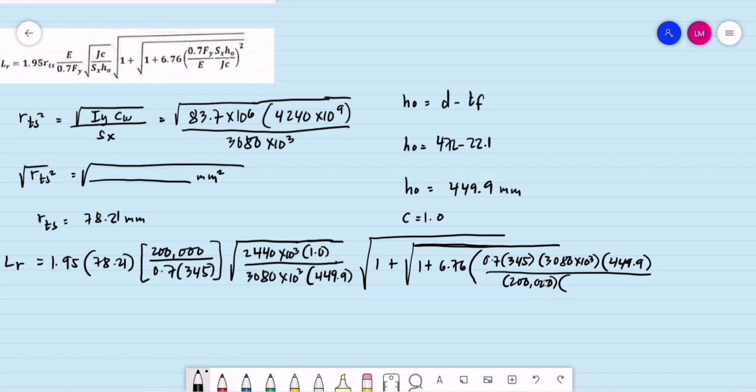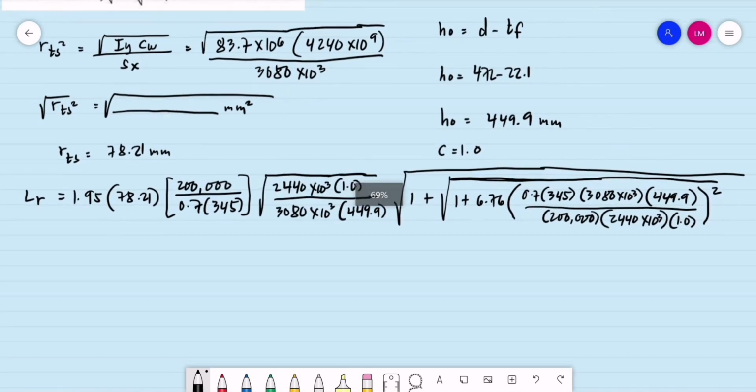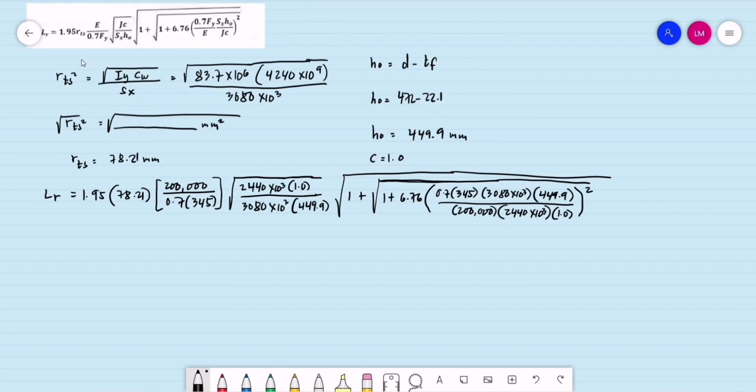The value of J is 2,440 times 10 raised to 3. Then multiplied by the value of C, again, that is 1.0. Then this quantity squared. So this is our equation for the value of L sub r.